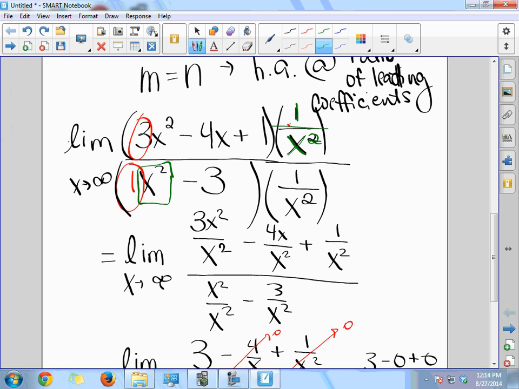If the degree on the top is higher, you'll be left with an x in the numerator, and that'll obviously go to infinity. If the degree of the bottom is higher, you'll end up with 0 in your numerator and a constant in your denominator, and that whole thing will go to 0.